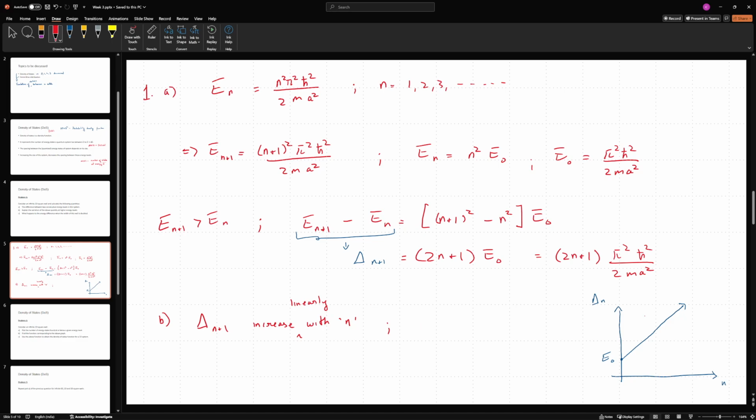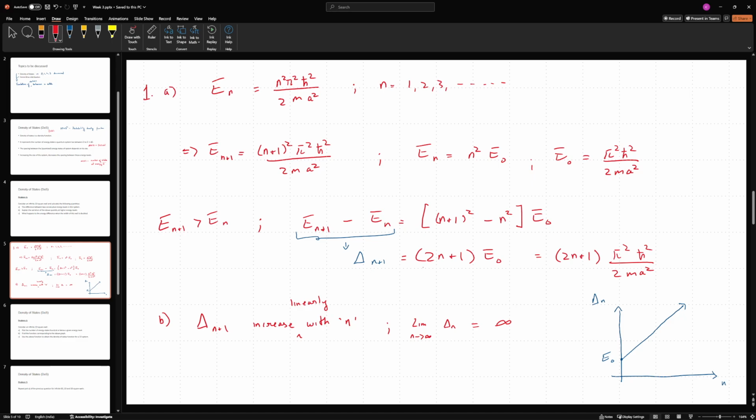And secondly, obviously, as we can see from this graph, the limit as n tends to infinity of delta n is equal to infinity, which implies that as n increases, the difference between consecutive energy levels keeps increasing. It becomes larger and larger and larger.